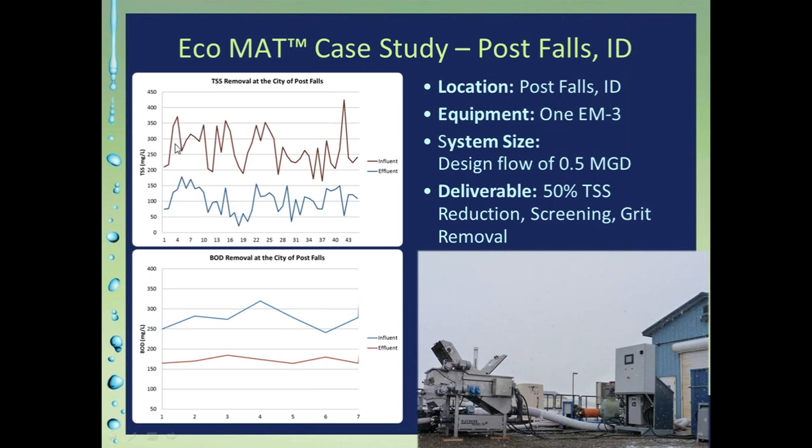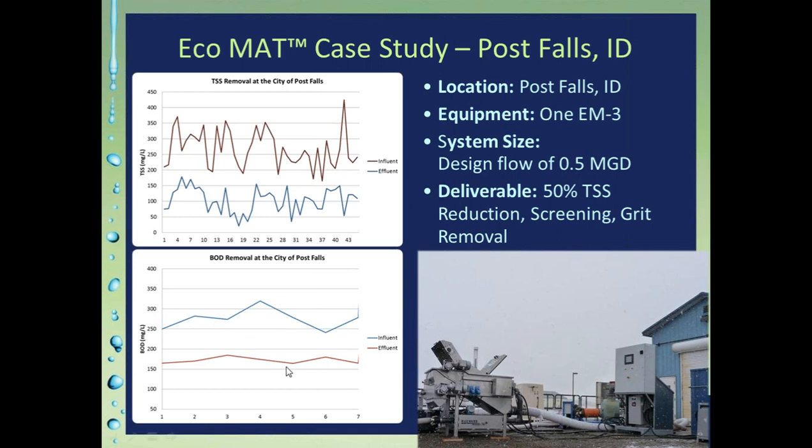You see quite a bit of variability within the raw wastewater for the TSS level. With that 60% removal, you also see a dampening again of that variance, so it doesn't vary as much, and that's definitely a big help to the sustainability, the reliability, and consistency of the biological treatment downstream.